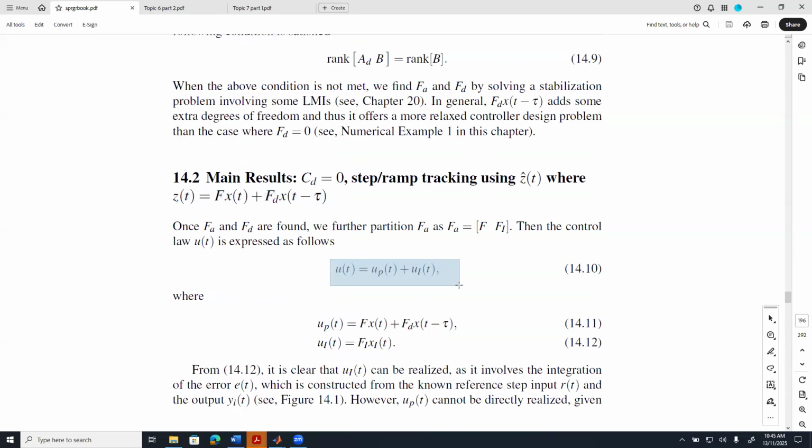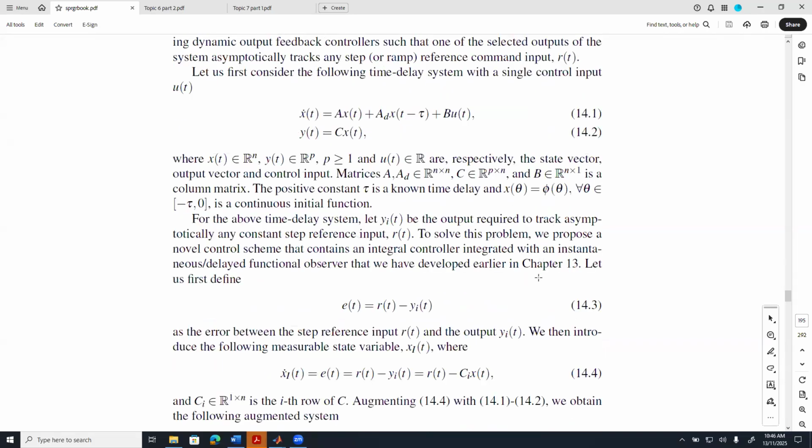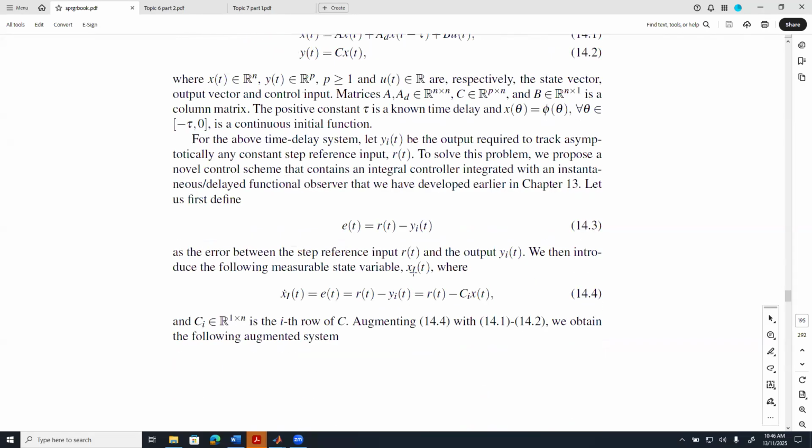So we split that into two bits. The first bit is the one associated with the unmeasurable state vector. And the other bit is associated with the integral variable, which is measurable. Okay, because when we look at xi, which is the integrator bit here, it is realized based on the difference between the reference signal and the output measurement signal. So this is a measurable variable.